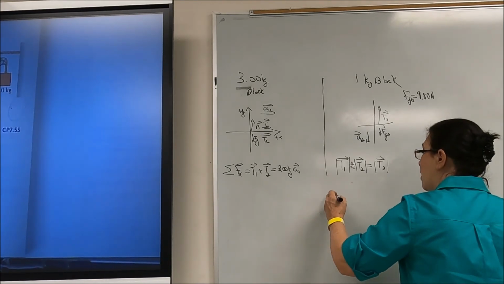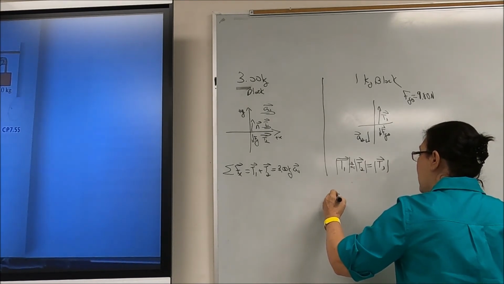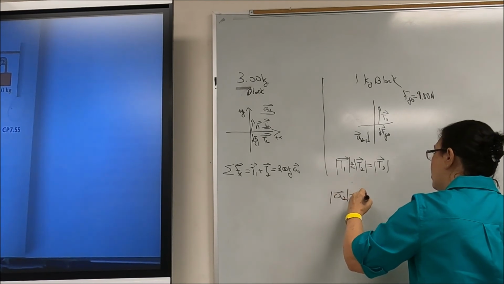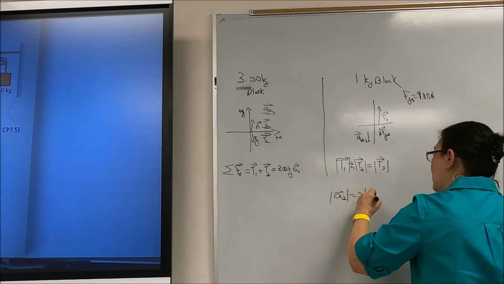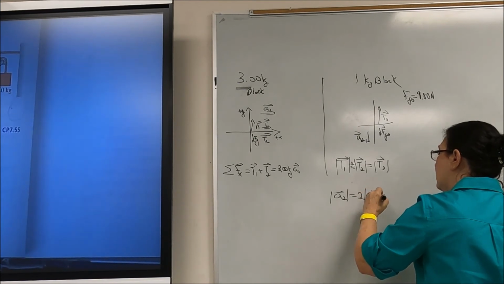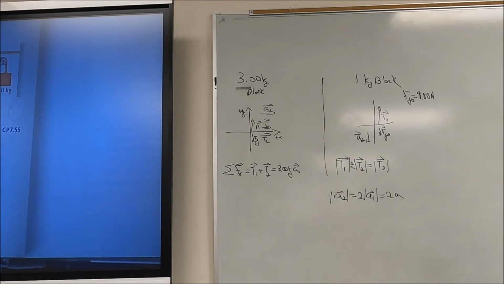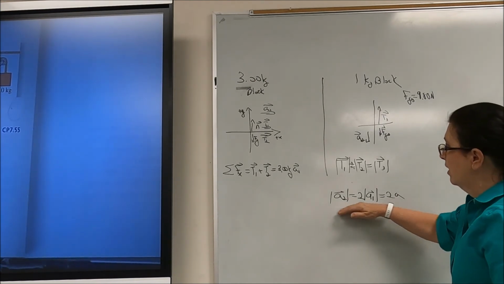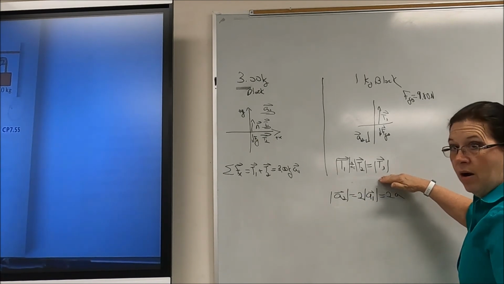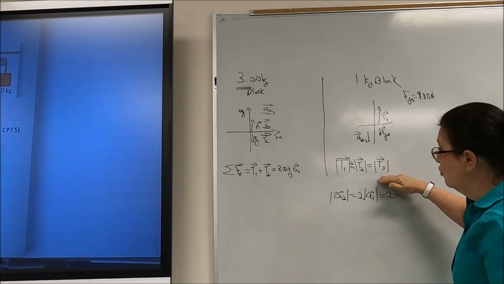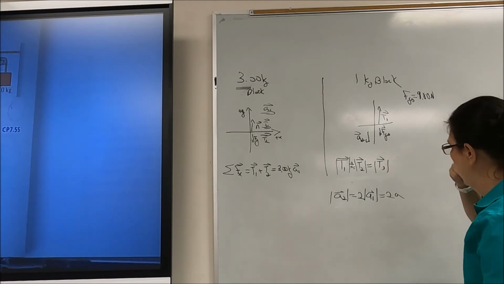The other thing I know is that A2 in magnitude is going to be 2 times A1, so I'm going to call it 2A. Okay? That's our acceleration constraint. There's our action-reaction pair, or you could say it's our massless string assumption.